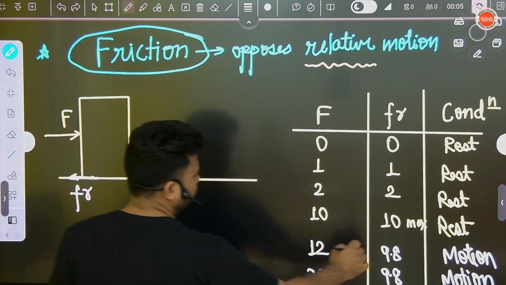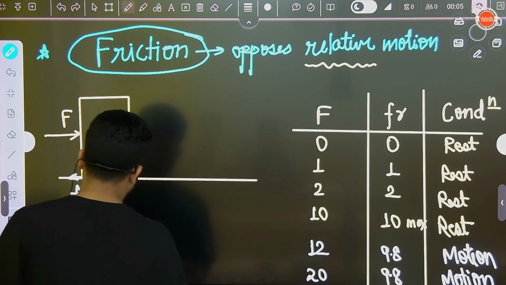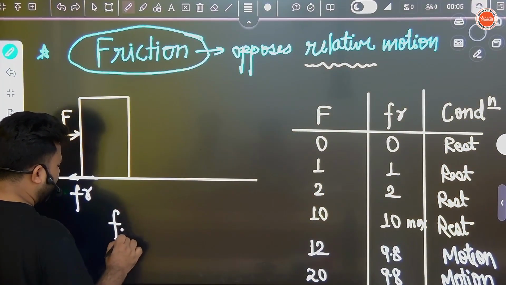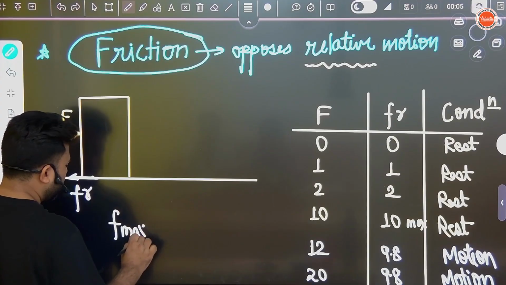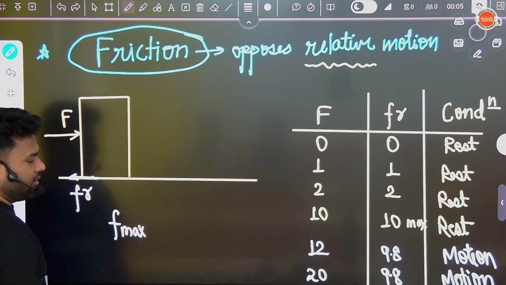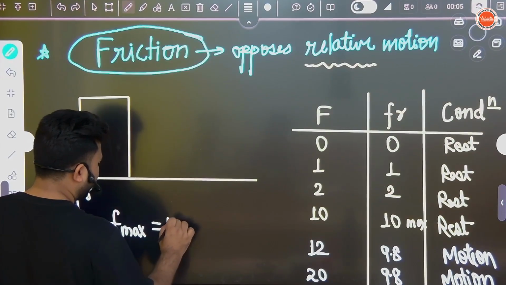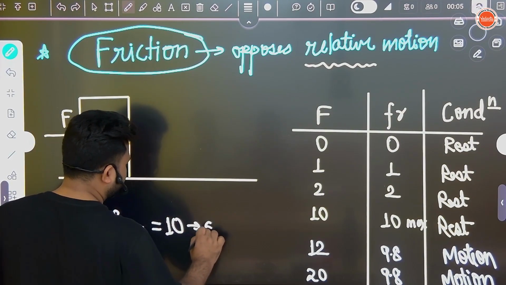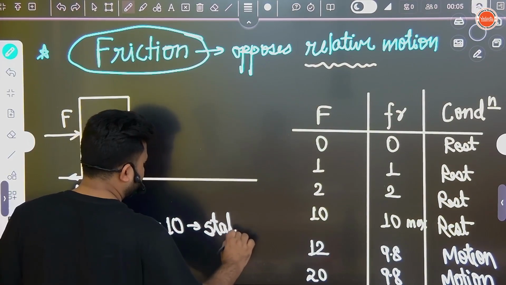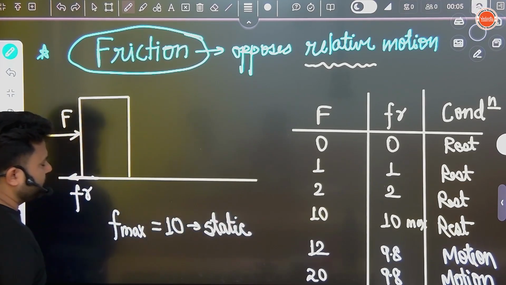This value is the maximum value of friction. So friction maximum value here, if someone asks, it is 10 and here the object is at rest, so that is called static friction. Static means rest.